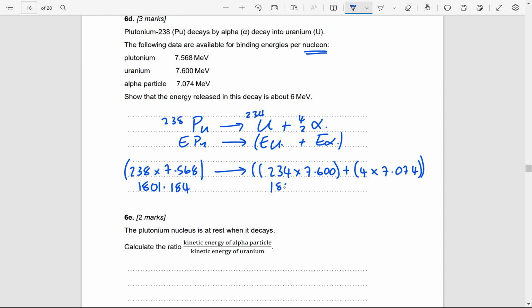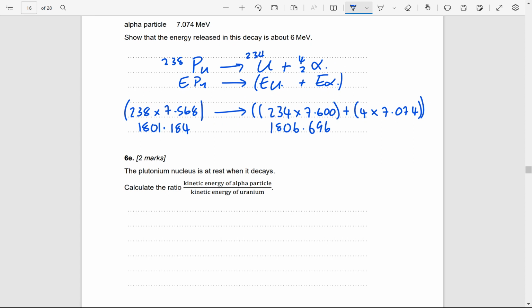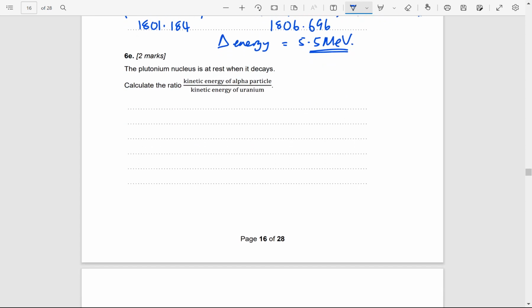Those together equal 1806.696. So this number is higher than this number. The difference in energy equals 5.5 mega electron volts, and that is how much is released.